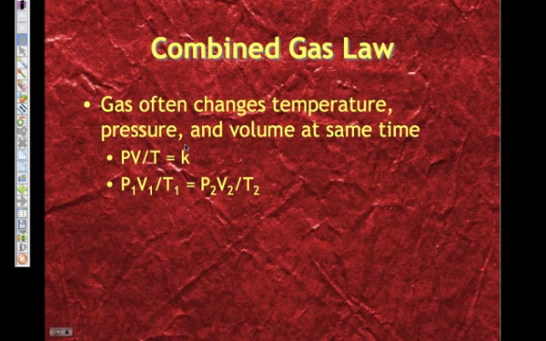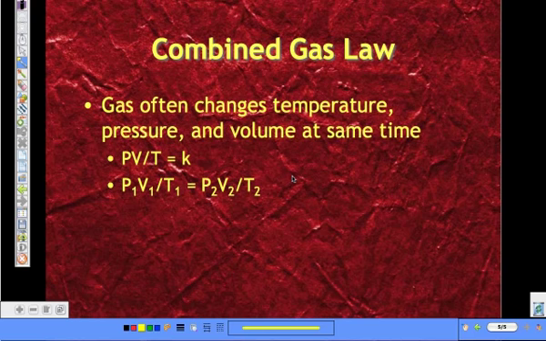Since Boyle's law was pressure times volume, Charles' law was volume divided by temperature, and Gay-Lussac's law was pressure divided by temperature, we can make this combined gas law here. If we have changing conditions, we can have P1 times V1 over T1 is equal to P2 times V2 over T2. And we can use this as a combined gas law. Really, this is the only equation you'd have to remember.